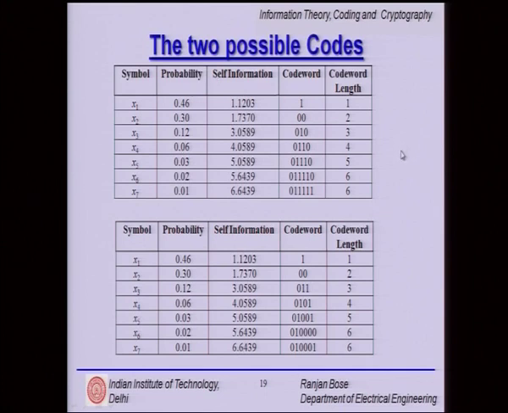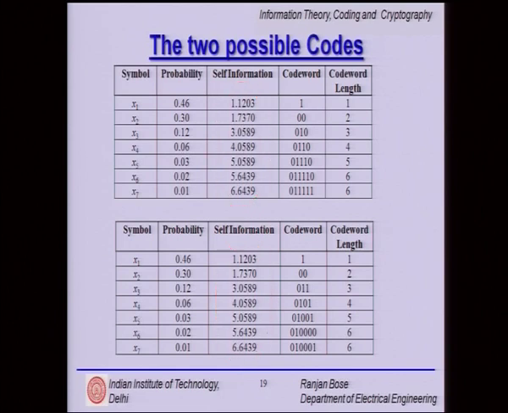So, this table tells us the two different realizations of the Huffman tree for the same set of input probabilities. Okay. So, what are those? We have X1 through X7, and you can verify that the probabilities are the same, and needless to say the self information must also be the same. But in the first case we did not reorder the equal probabilities, whereas in the second case we reordered them.